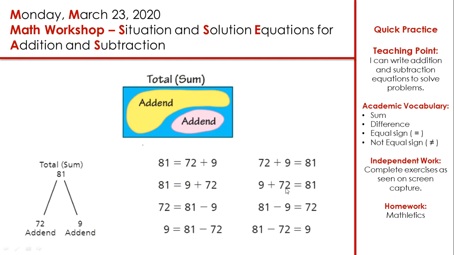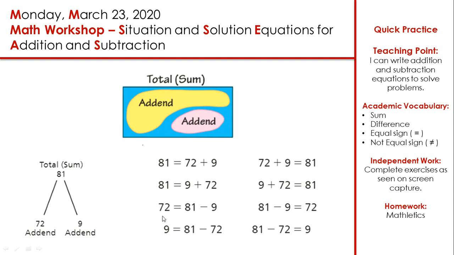The same thing happened right here. I create my equation with my two atoms and my total, and then I just swap them. It's like putting them in front of a mirror. We have a reflection. The same way that I try addition, I can try the opposite operation. In this case, it is subtraction.